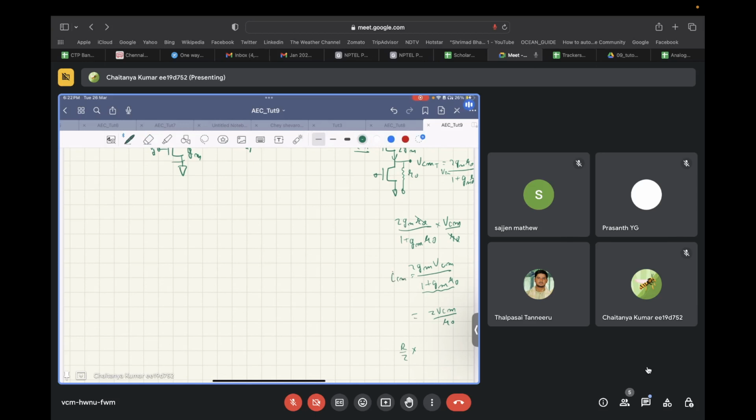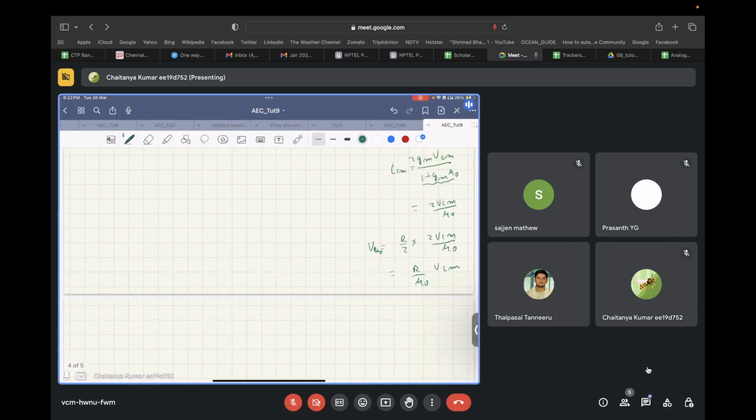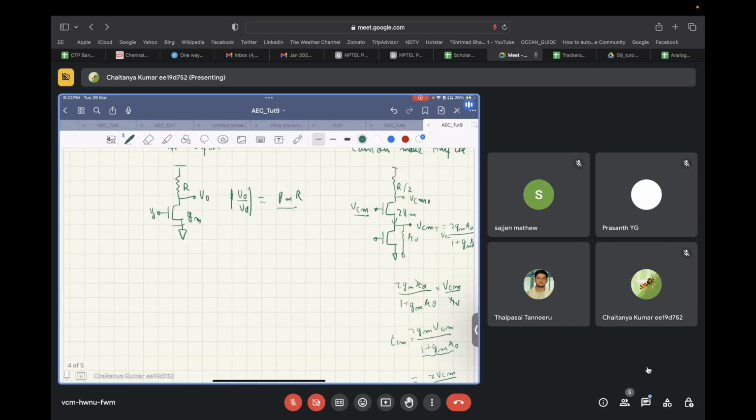This basically gives us VCMO as R by R naught times VCM. So the gain of common mode, VCMO by VCM, is equal to R by R naught. And the gain of differential mode we found out as GM R.